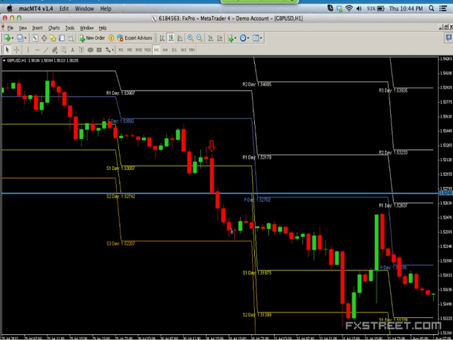Because you're going down so strongly, your retracements are not going to be this high. They're going to be lower. That's why a line going through a strong candle from support or resistance indicates that that's where your next retracement level is going to be.